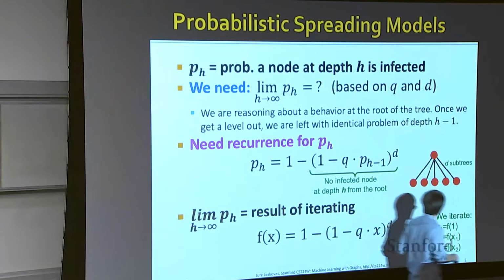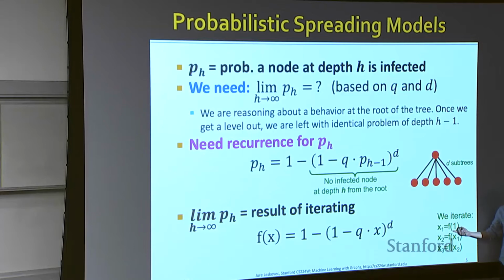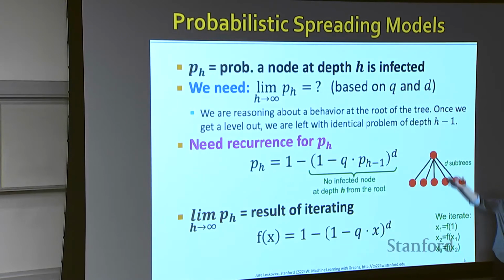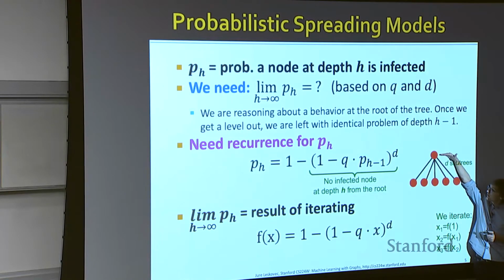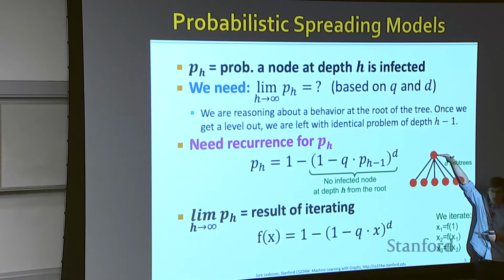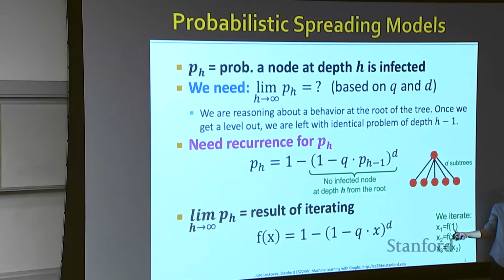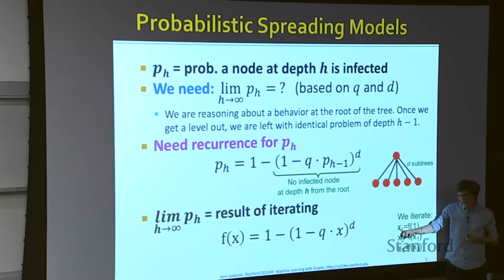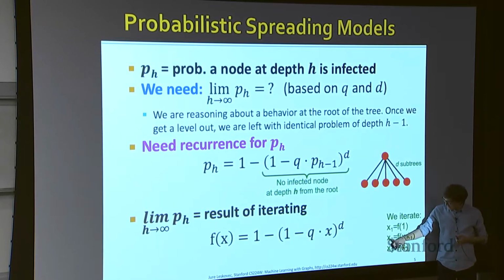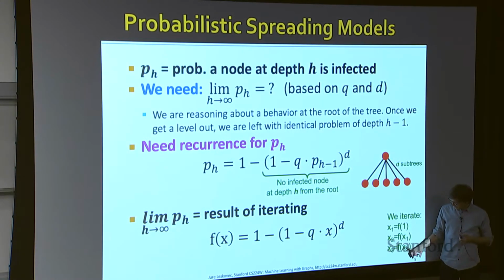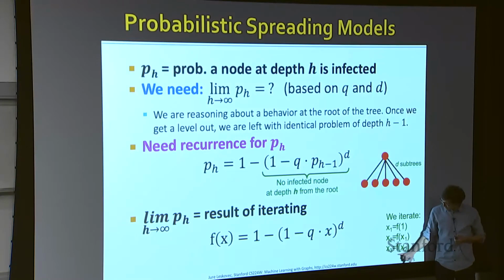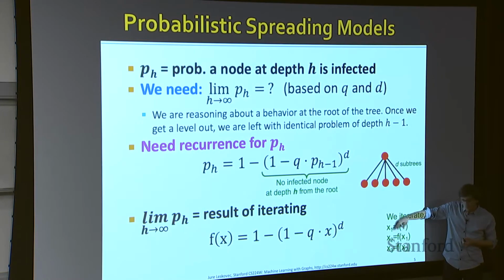And what I mean by iterating is I start with x equals 1, so I evaluate f at 1. I get a new x, I evaluate the new x, I get x2, I take this x2, evaluate the function, I get x3, and so on. So that's what I'm iterating, right?